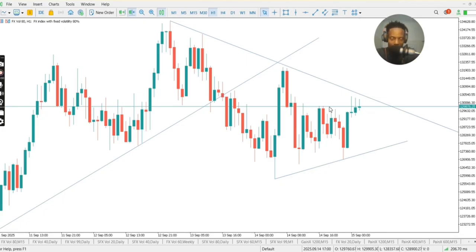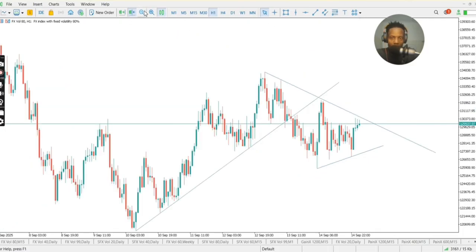But as for me, if I'm going to enter this trade right here, I'm going to enter my trade without any confirmation. I'm going to enter it at around this zone and put my stop loss at around this zone right here.